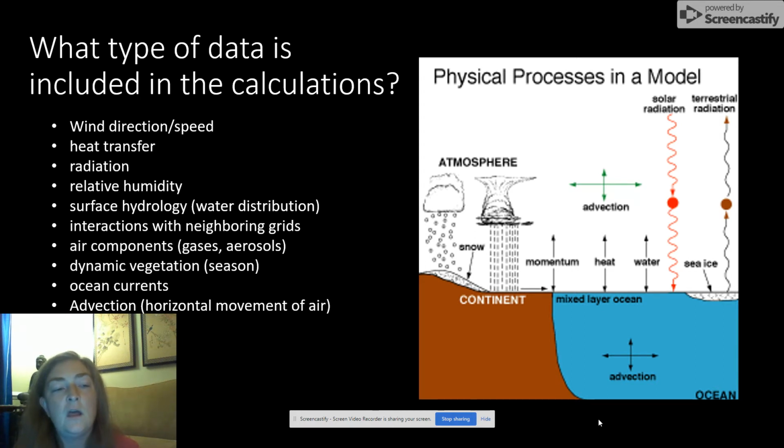And then the components of the air. So, what is the exact gas distribution? Are there any aerosols?